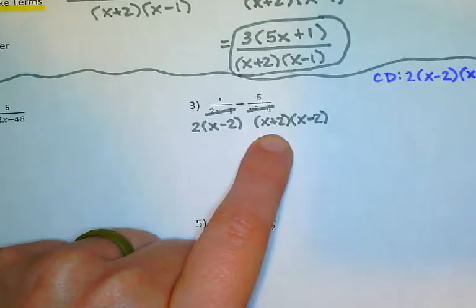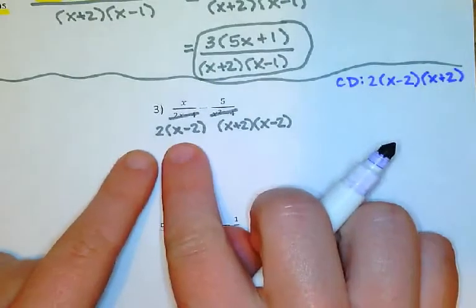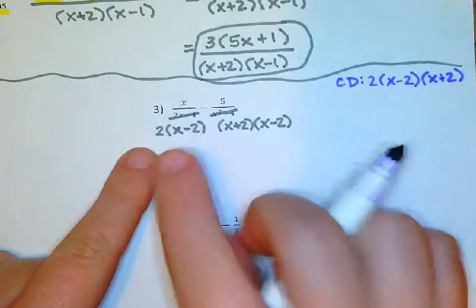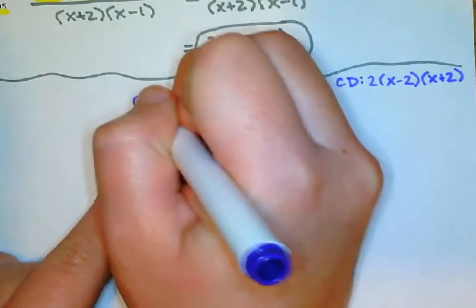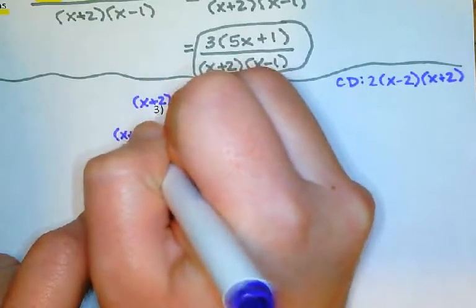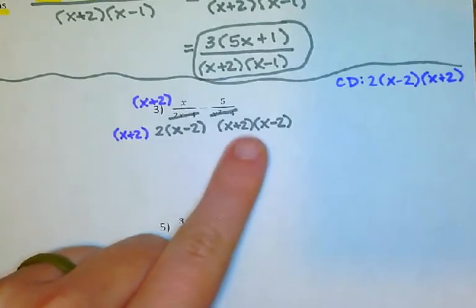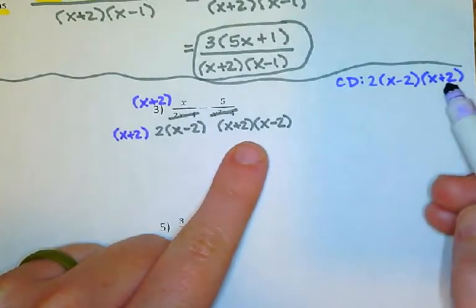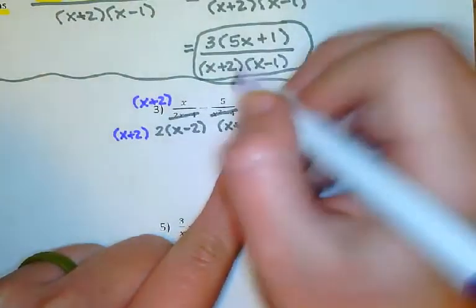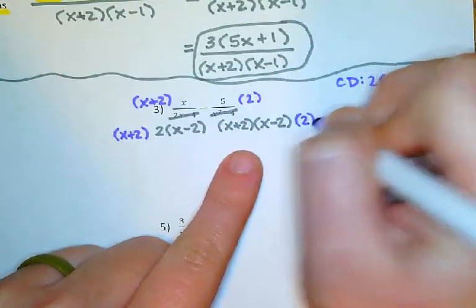So this is going to be our common denominator. This is what all of our denominators need. Well, what is this first one missing? It's missing the x plus 2, so that's what I'm going to multiply on both the top and the bottom. The x plus 2. Alright, what is this second one missing? It has an x plus 2 and it has an x minus 2, but it's missing just the number 2. Alright, so I'm going to multiply both the top and the bottom by just the number 2.